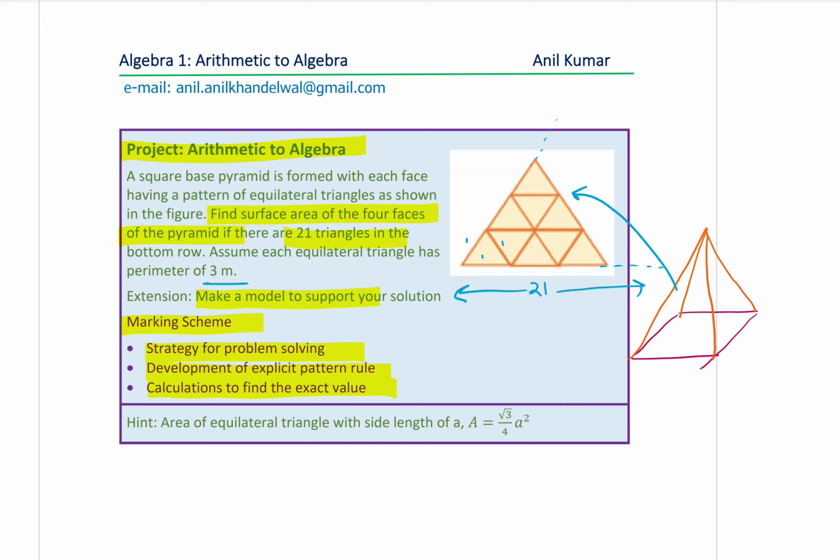Isn't that interesting? Good. So that is where we are going to end today's lesson, in which we have learned different strategies of problem solving, and we have seen how the introduction of variables helps us to look into so many different situations and find out what is unknown.